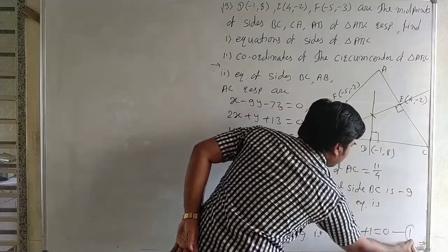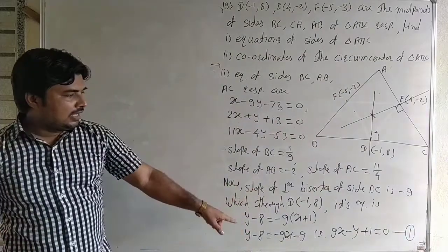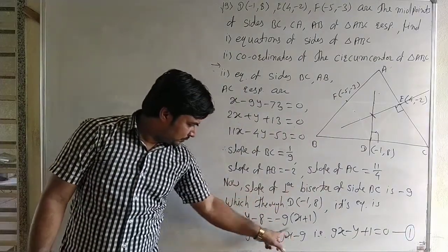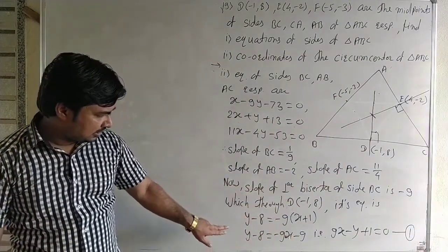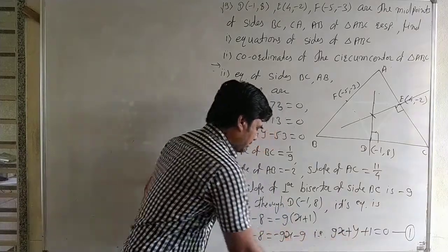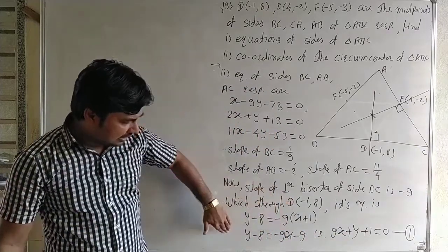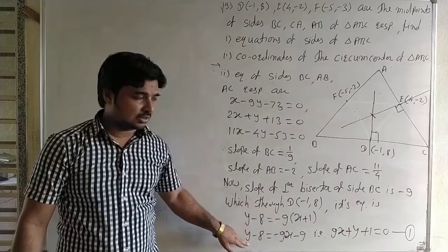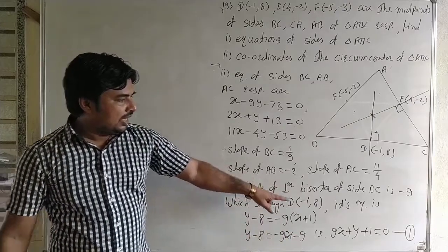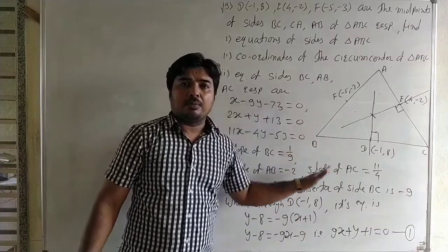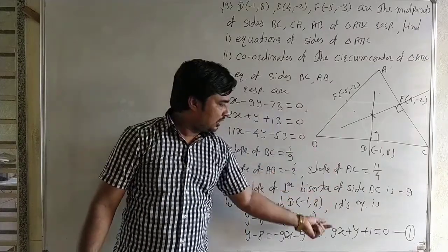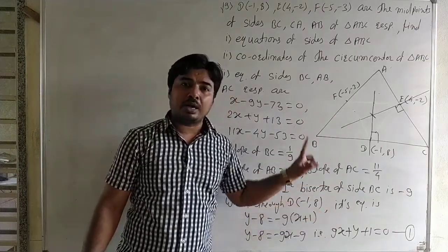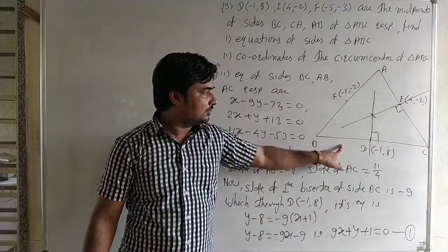It is equation number 1, the equation of the perpendicular bisector of side BC.